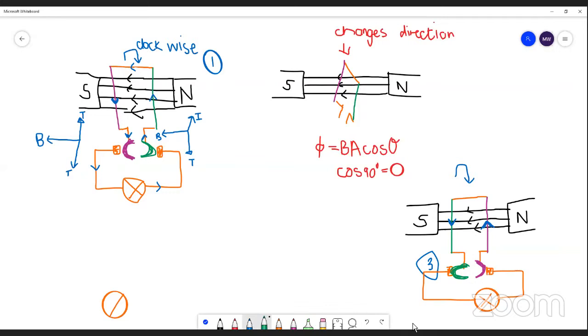So what is happening is every single time the current in one of your wires is going this way in your system, that wire's half moon split ring will touch this carbon brush. And that's going to mean that the current's going to go one direction.